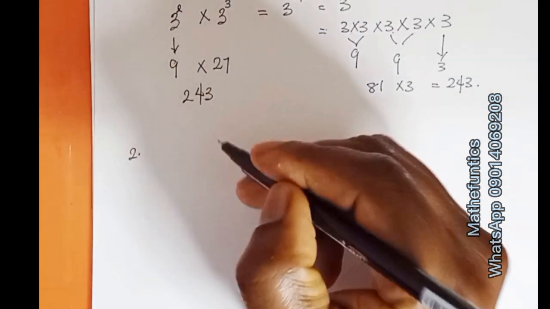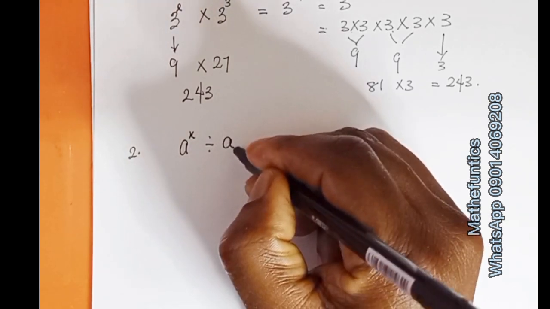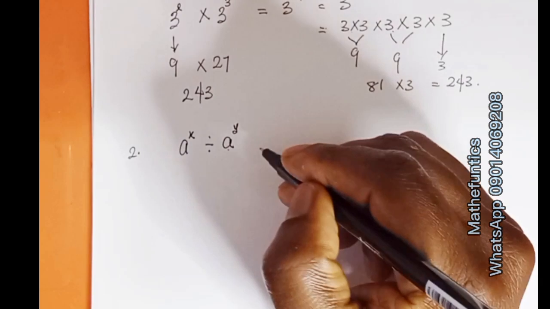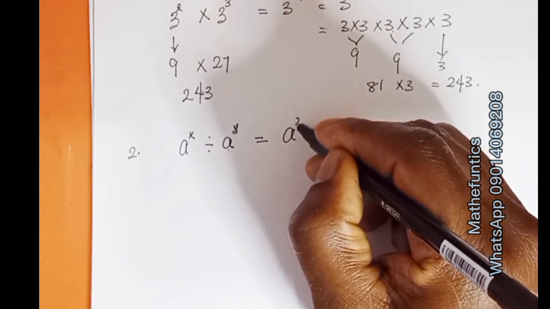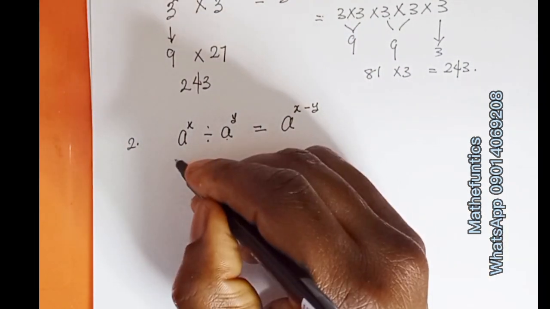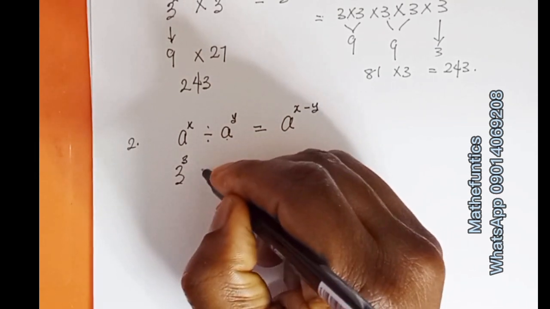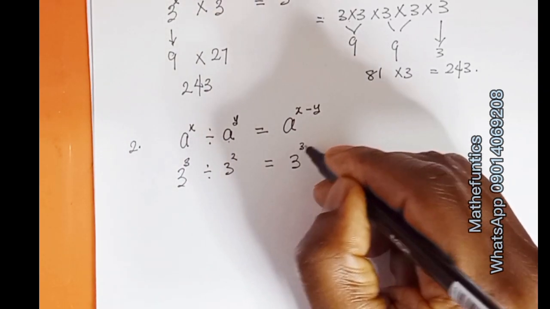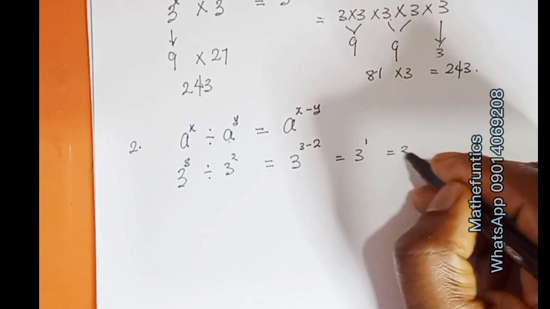The second one we will talk about is what if I have the same base and I'm using it to divide a number with the same base and I'm having different indices. This will be the opposite of that. I will have x minus y in this case, meaning that if I have 3 raised to power 3 divided by 3 raised to power 2, the rule is saying I should say 3 raised to power 3 minus 2, which is 3 raised to power 1, the same thing as 3.